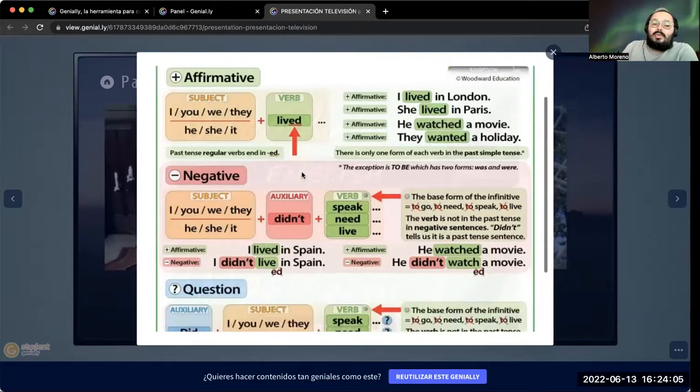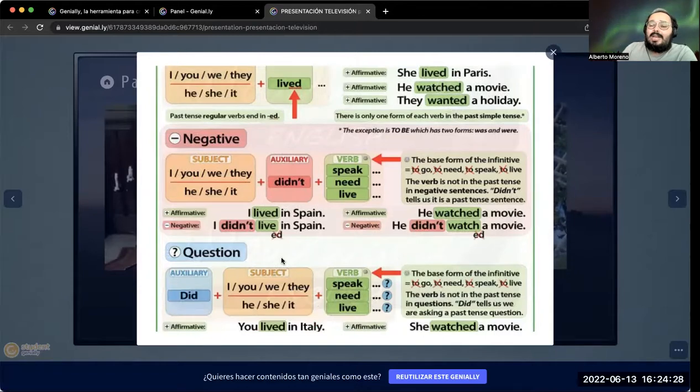La estructura negativa, pues utiliza el auxiliar didn't en pasado y en negativo, su estructura es sujeto más el auxiliar didn't, más el verbo en su forma base, más un complemento. I lived in Spain. I didn't live in Spain. I lived in Spain es una oración afirmativa. I didn't live in Spain es una oración negativa.